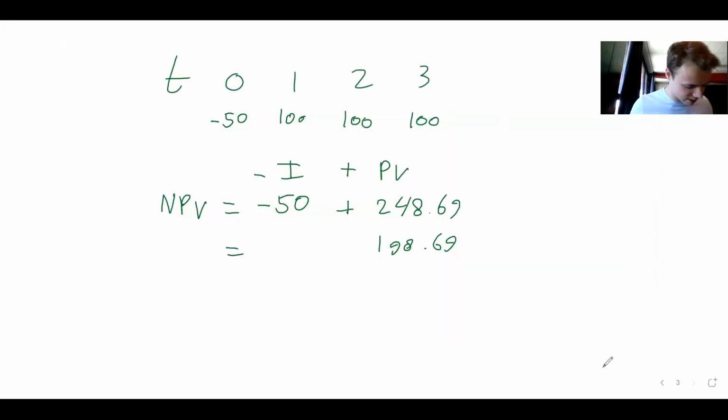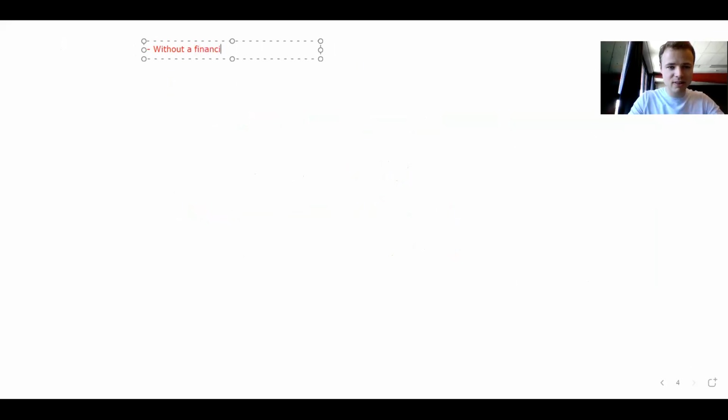So the model can be separated into 3 different categories. You can have the model without a financial market and without a real market.